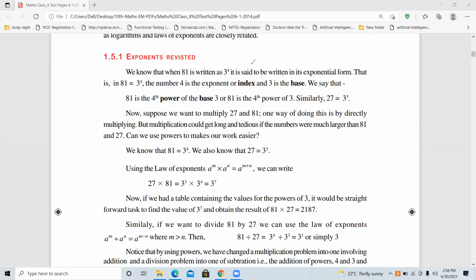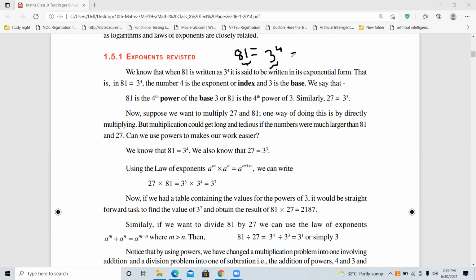Firstly, we have to know about the exponent form. For example, if we take 81 as a real number, then the exponential form of this number will be 3 power 4. We can find the exponential form by doing the prime factorization or by any other method we know. When we do the prime factorization of 81, we get 3 power 4.